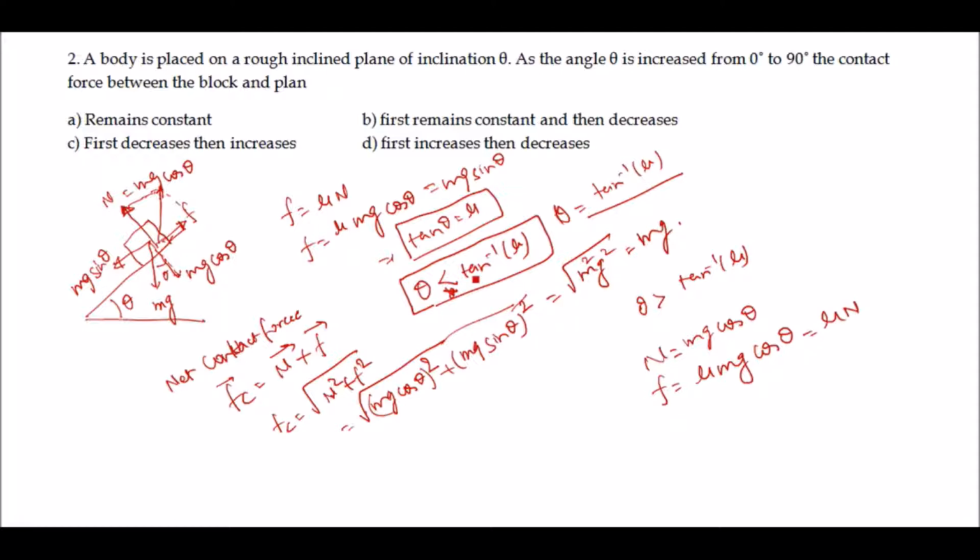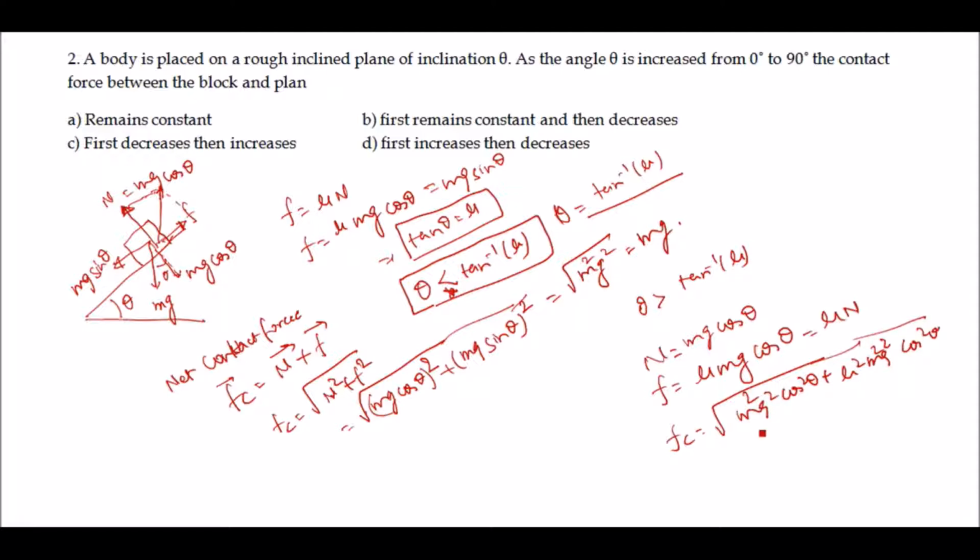Mg sin theta will be more than the frictional force, and because of this the object will start sliding. So basically the contact force Fc is equal to the square root of m square g square cos square theta plus mu square m square g square cos square theta.